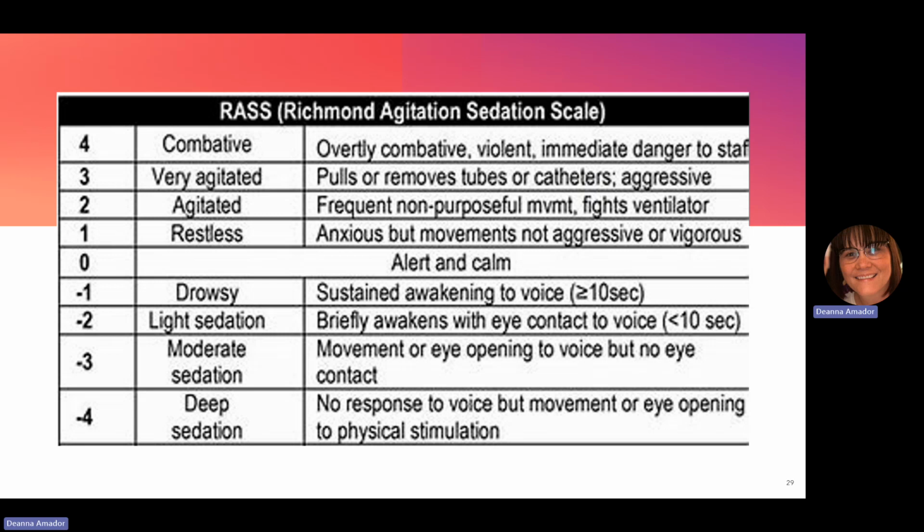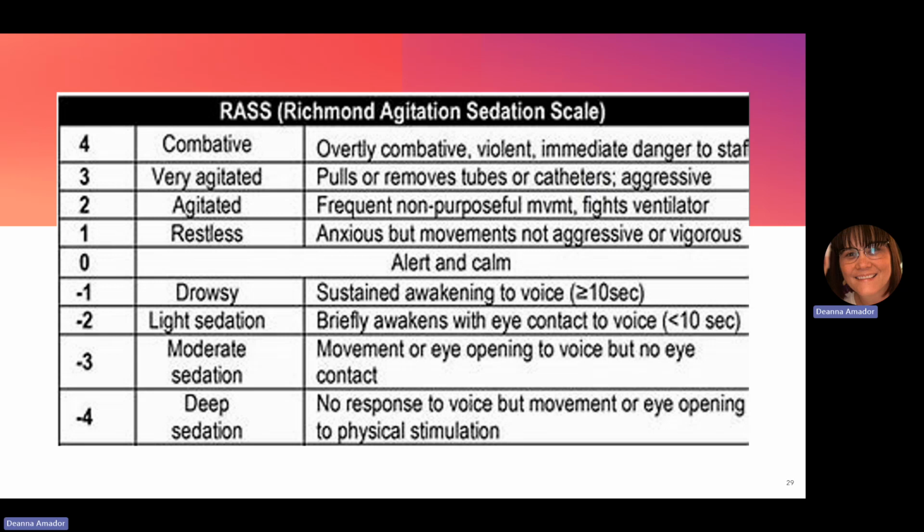So what physicians or providers will do is they will order their sedation. Let's say, for instance, propofol. They'll put an order in, and it'll say to start the propofol drip at a certain rate.